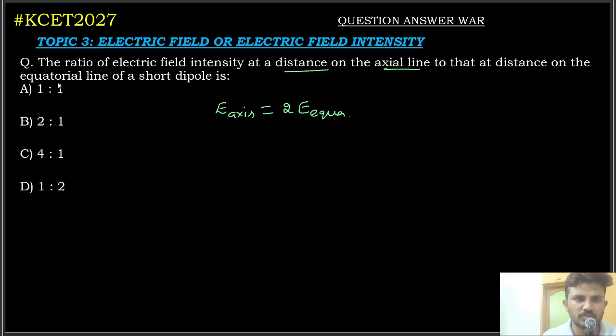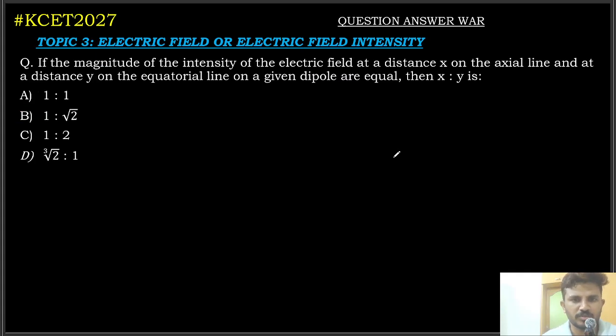So they are asking us to find the ratio of E axial to E equatorial. So E axial divided by E equatorial is given by 2 divided by 1. That is option B is correct. Direct question. No need of getting confused.